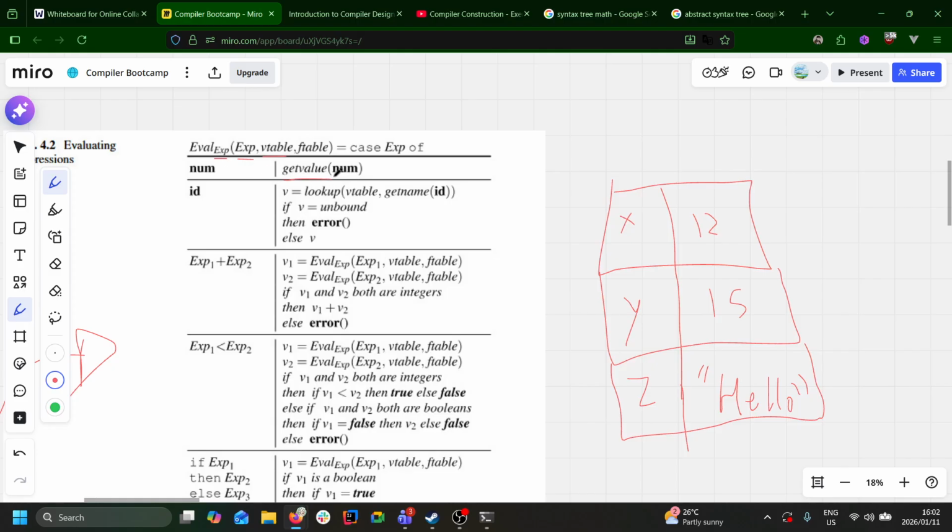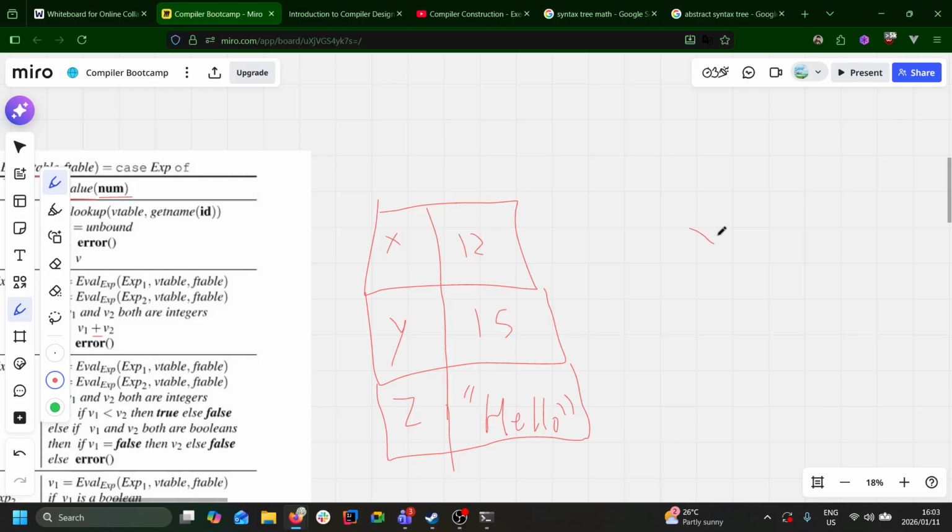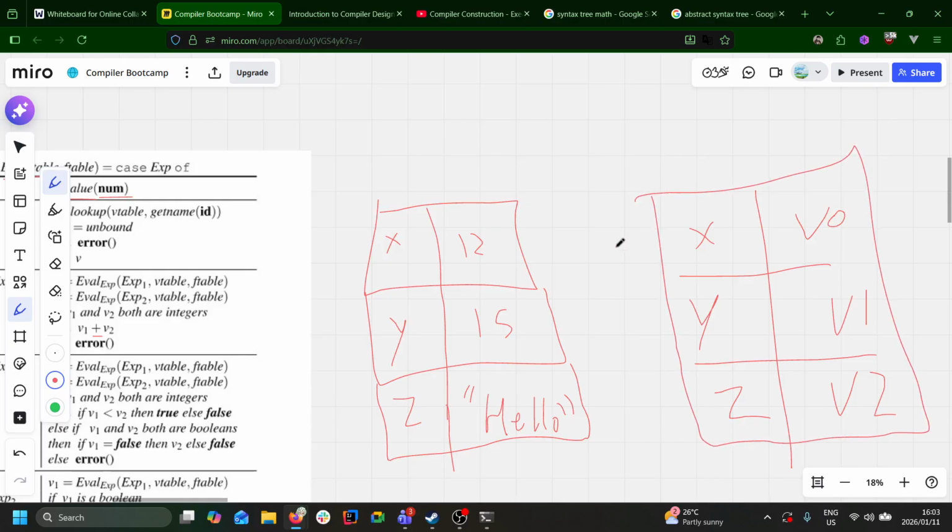We pass in num and get the value, and then do some sort of operation like addition, rather than the value table from translation, where x would be translated to v0 and y to v1 and z to v2. Hopefully that makes sense to you guys.